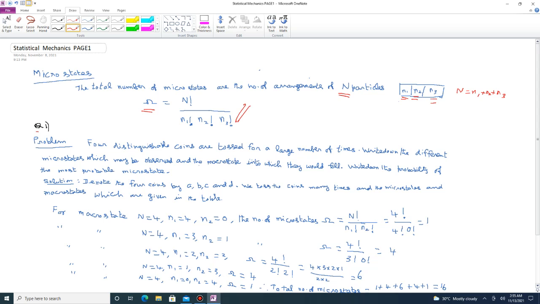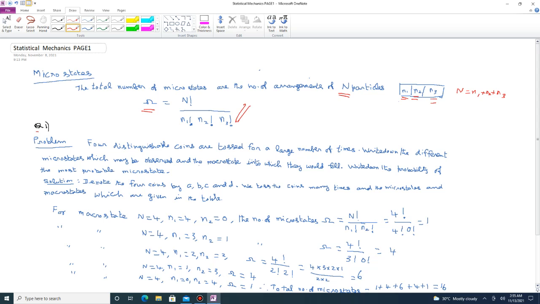So if all the N particles are placed in 3 cells, and the first cell contains n1 particles, the second cell n2 particles, the third cell n3 particles, then the total number of microstates is equal to capital N factorial divided by n1 factorial, n2 factorial and n3 factorial.